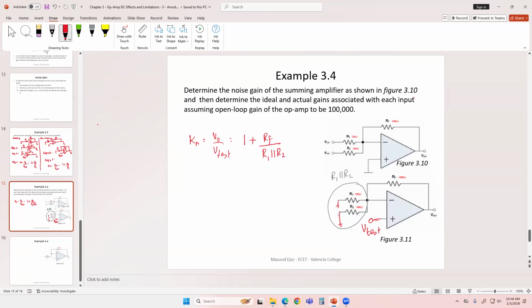And the values are given to you. If you cannot see, RF is 120K, R1 is 12K, and R2 is 24K. So go ahead and calculate the noise gain for this circuit.